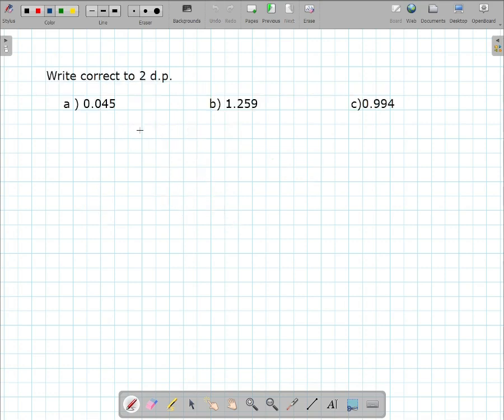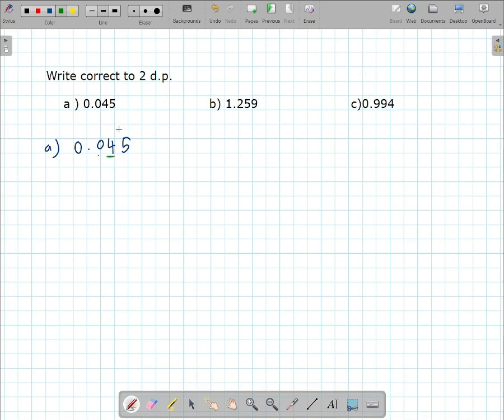Okay, example: write correct to 2 DP, 2 decimal places. What is the first number given? That is 0.045. Then 2 DP. So we need to find the second decimal place. This is first, this is second. The second one I underline.